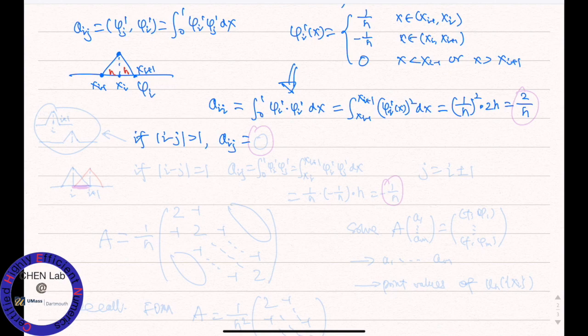If you have this function here at i, then here is i plus 1, and if we move one more to the right, here's i plus 2.